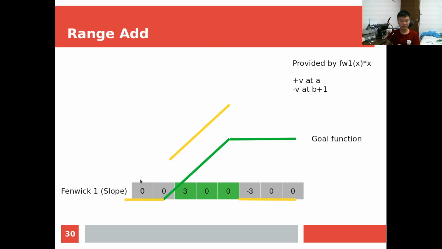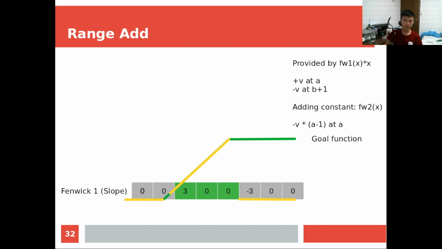Okay, so now we can see that the slope of our yellow function matches the slope of the green function, and all that's left to do is to add the constant so we can translate the different segments to align with the goal function. So we can subtract v times a minus 1 to push down the yellow segment to meet the green segment.